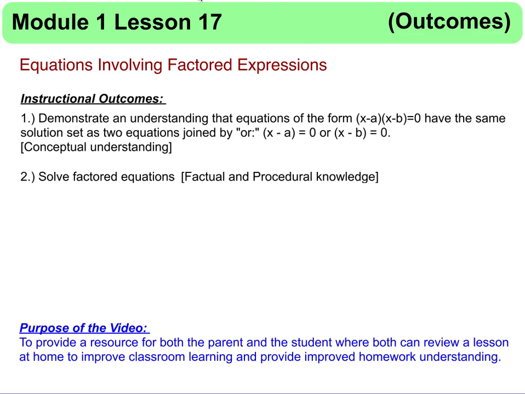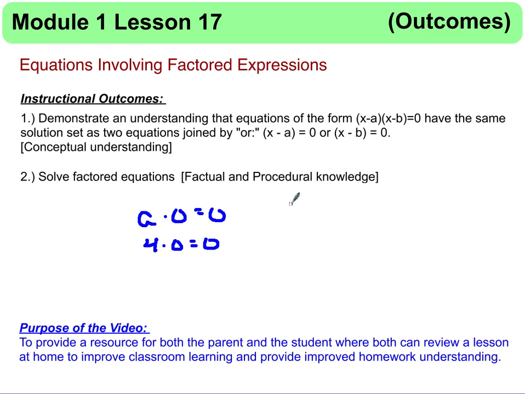So really, the whole idea behind this is the fact that a student needs to understand that anything times 0 is going to equal 0. So for example, if we said 4 times 0, we know that that's going to equal 0.